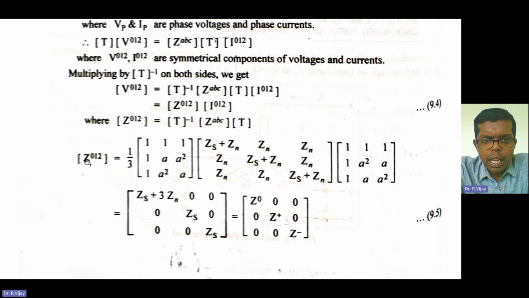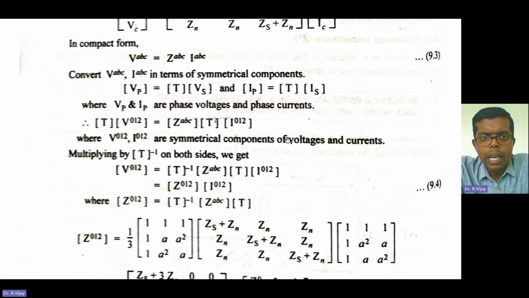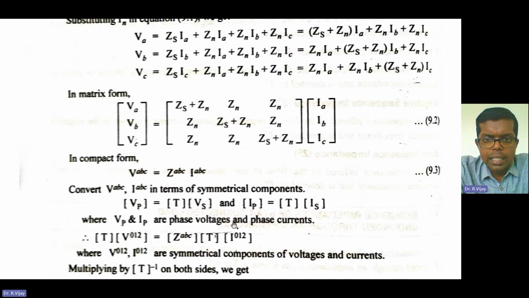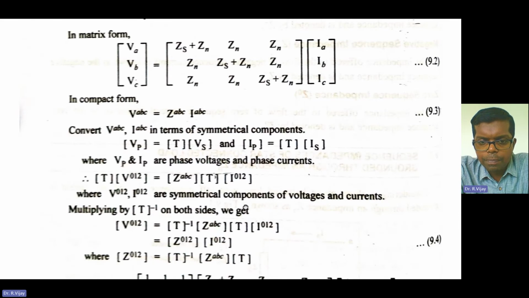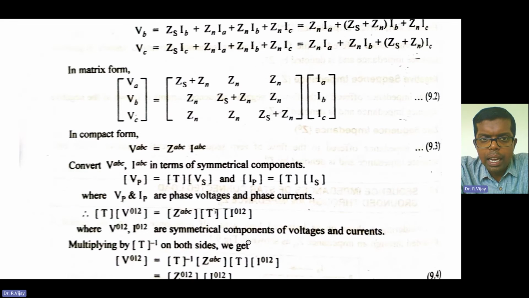Now we are substituting T here. T we have already seen in our previous classes. So Z012 is equal to 1 divided by 3, T inverse being nothing but 1 divided by 3 into 1, 1, 1, 1, A squared, A, 1, A, A squared, into ZABC. ZABC you already know, here is the ZABC, that matrix we are writing because that is the sequence impedance.